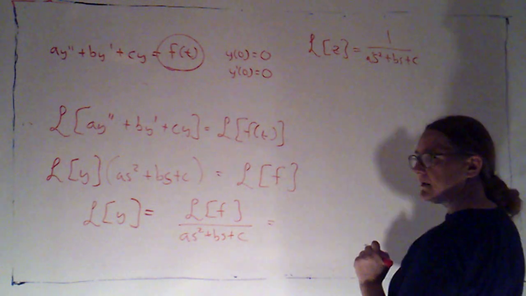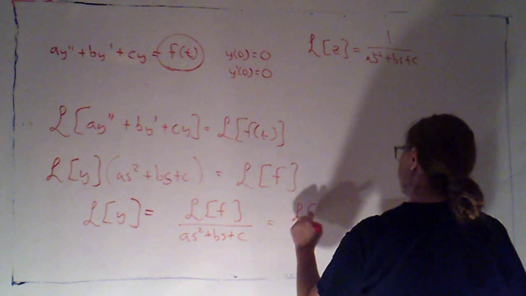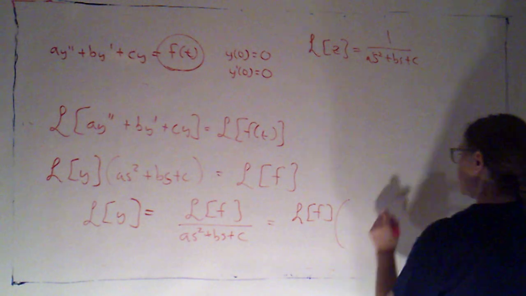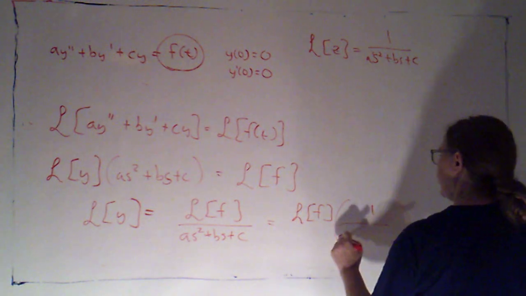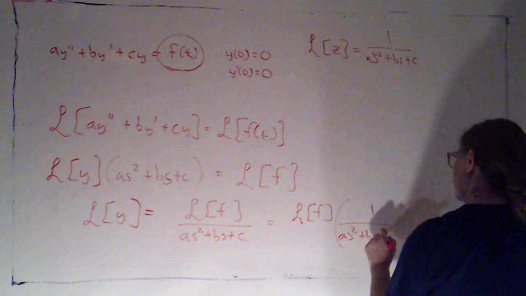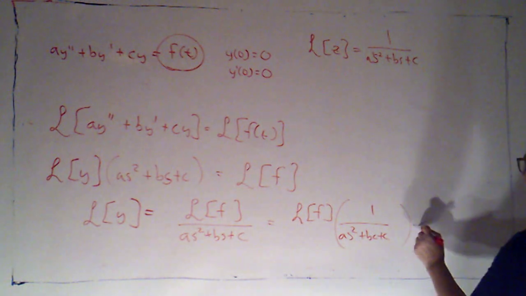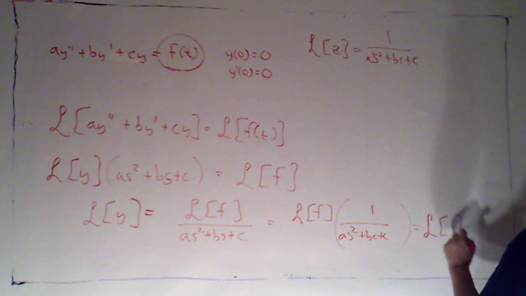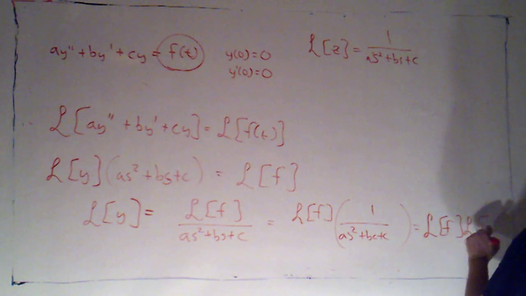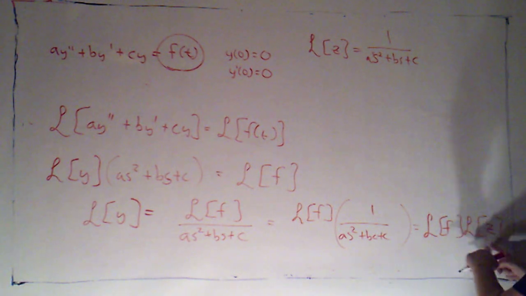Oh my goodness. That's the Laplace transform of f times 1 over as squared plus bs plus c, which is the Laplace transform of f times the Laplace transform of z. Okay.